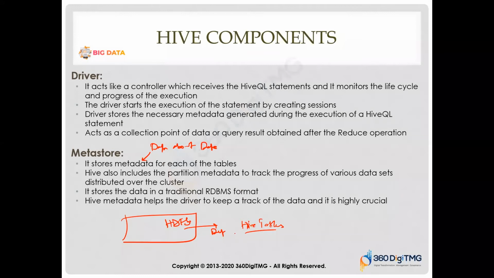So for Hive, the data is lying here, but the structure information about the data is given here. So this definition gets stored in an RDBMS based system. This definition is nothing but your metadata. So metastore stores this definition for all the Hive tables that we are generating.